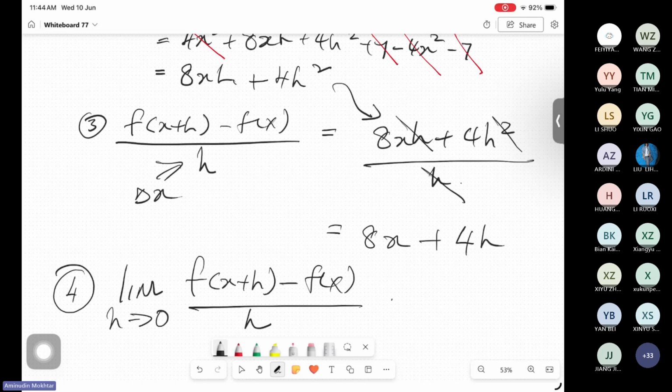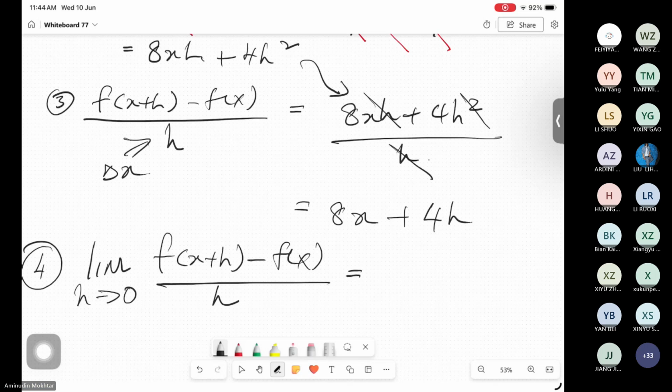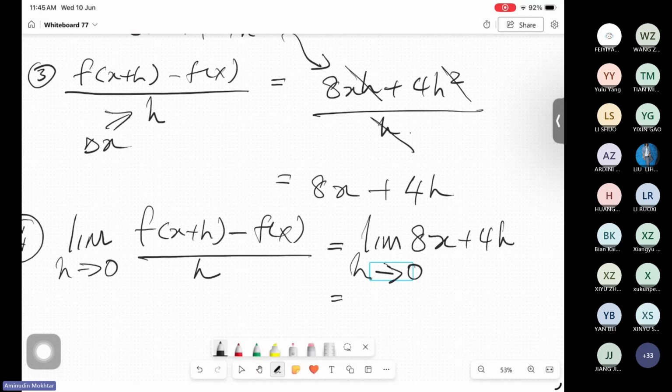So this is equal to the limit of 8x plus 4h when h approaches 0. So based on topic 5, when we explain about the limit, how to find this limit, we just replace based on the rule of the limit.